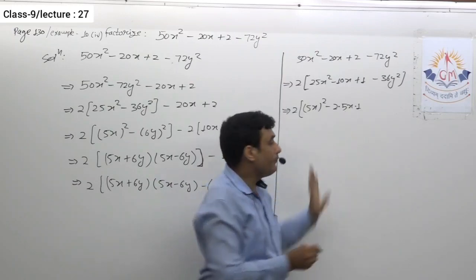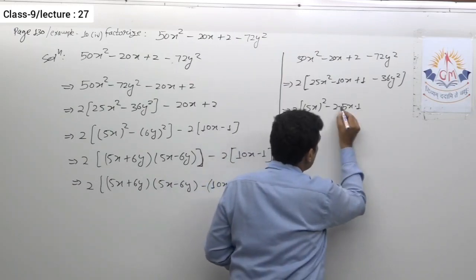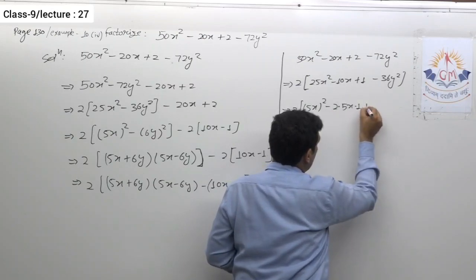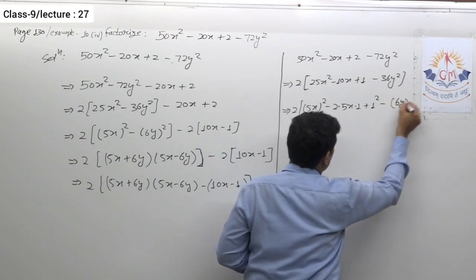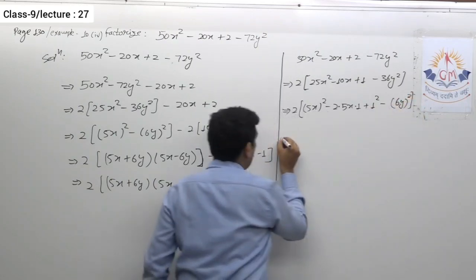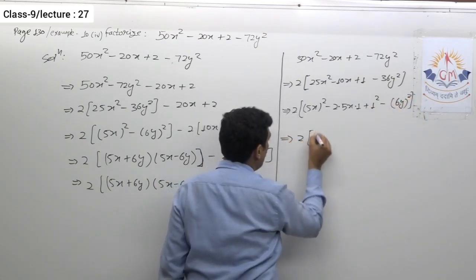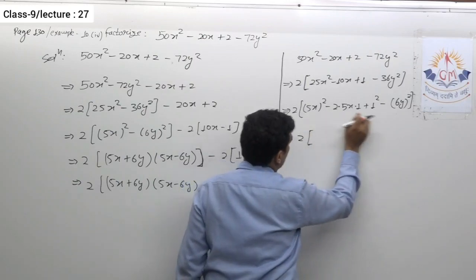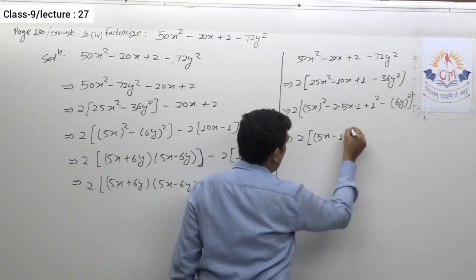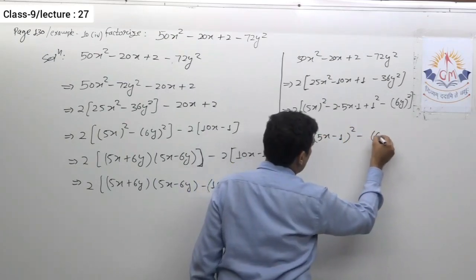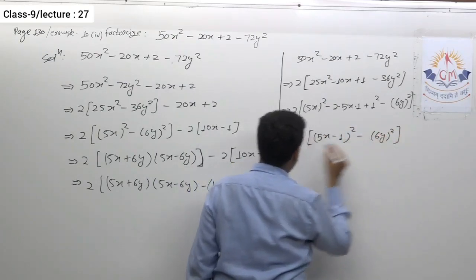Definitely this is equal to minus 10x, and this is 1 square, and this can also be written as 6y whole square. So this is 2 multiplied by a minus b whole square, minus 6y whole square.